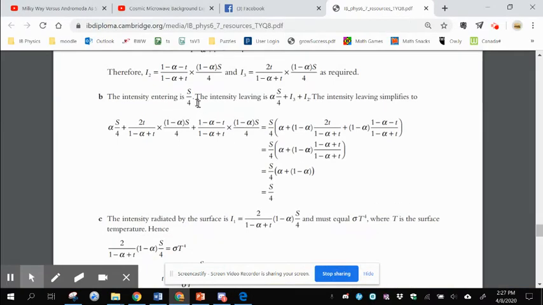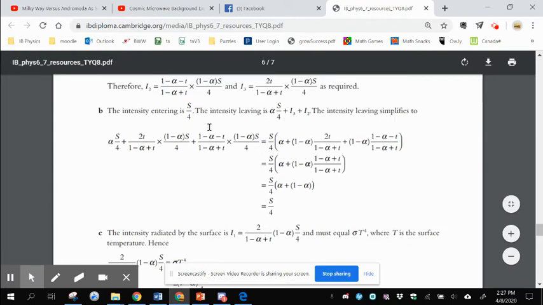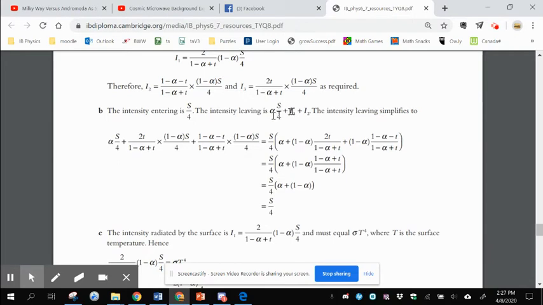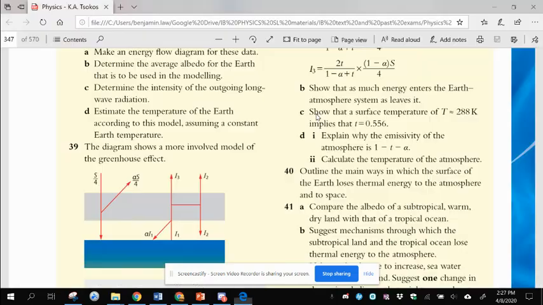So the intensity entering is S over 4, and the intensity leaving is alpha S over 4, plus I3 plus I2, which is this one and this one. So these three arrows represent how much energy is leaving the atmosphere. This is how much energy is coming in to the atmosphere.